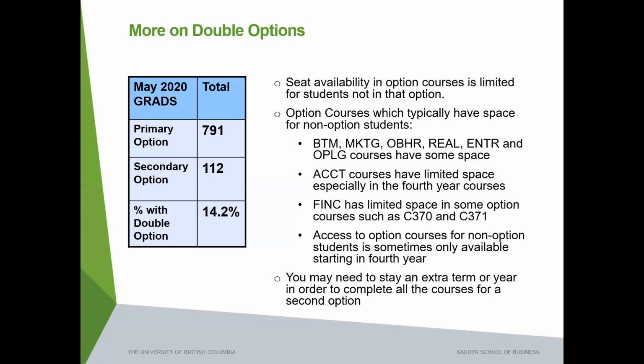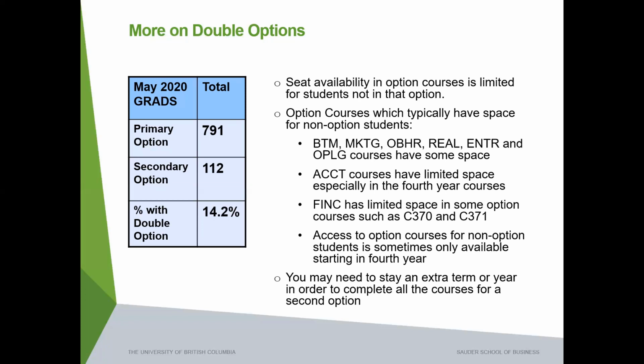The only courses we typically have general seats in finance for are COM 370 and sometimes 371. And for accounting courses, it's usually 353 and 354 might have a couple of seats available. So again, you need to decide. It's likely not going to be possible to do a double option in either accounting or finance.